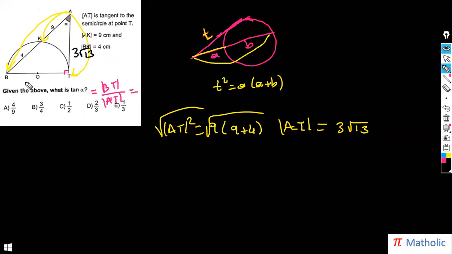How can I find BT? Of course, the Pythagorean theorem. So let's apply the Pythagorean theorem over here.